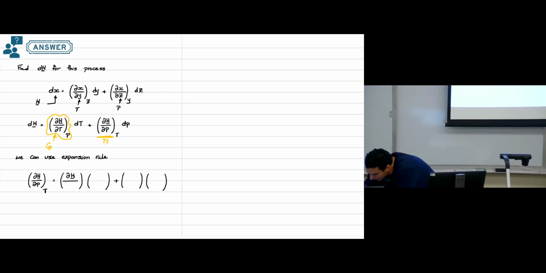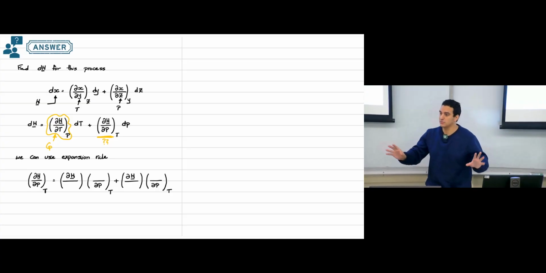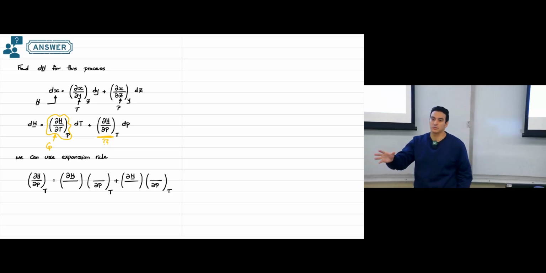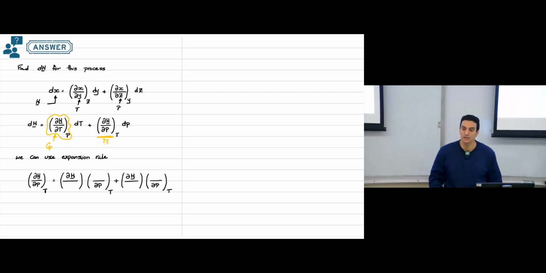Here we will add dH. Here we will add dH. Then here we have dP at constant temperature, and here we will have dP at constant temperature. Then we need to define two new properties we have here. Any two new properties. We can select temperature, pressure, entropy, internal energy, enthalpy, any new properties that you can define.